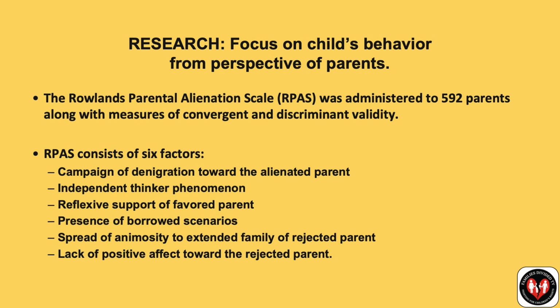Dr. Rowlands had almost 600 parents. Some of them had been found to be alienated by a court or by an independent court evaluator, and some of them were not found to be alienated. So she had both alienated and non-alienated parents, all of whom were involved with family court.